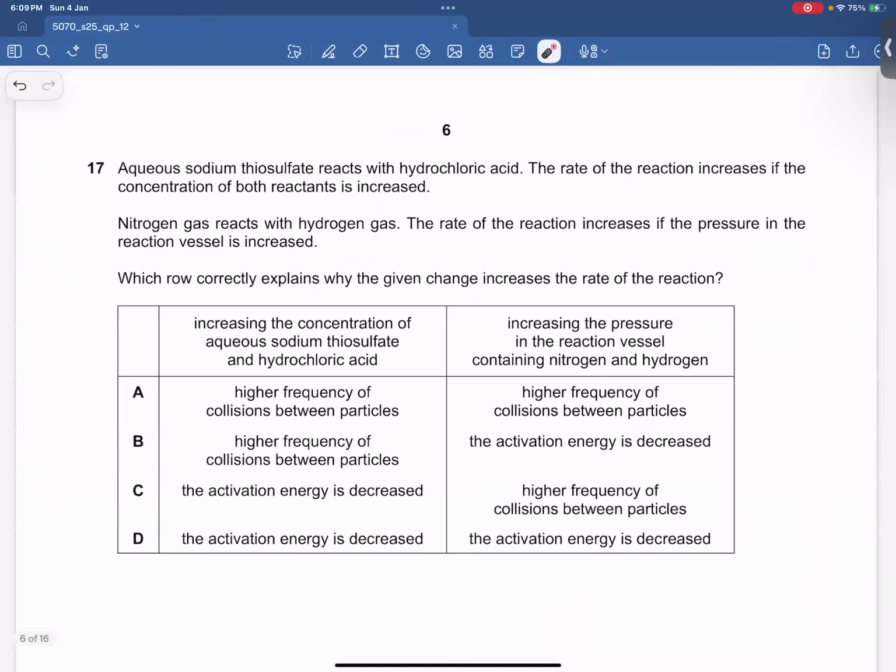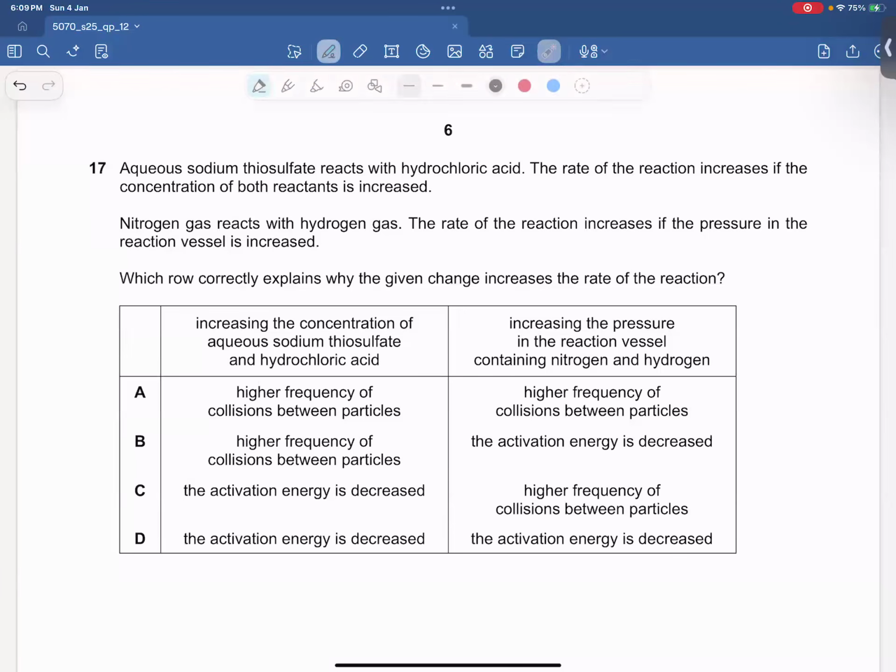Aqueous sodium thiosulfate reacts with hydrochloric acid. I've given you the information regarding this experiment and rate of reaction. Sodium thiosulfate has a formula Na2S2O3.